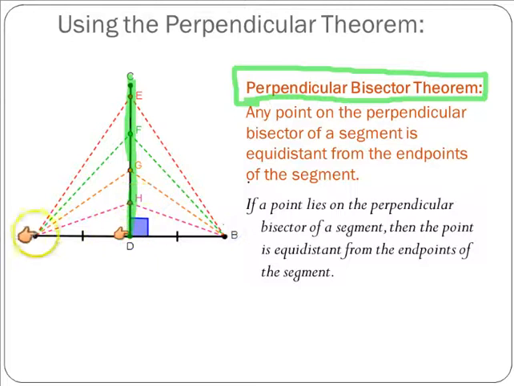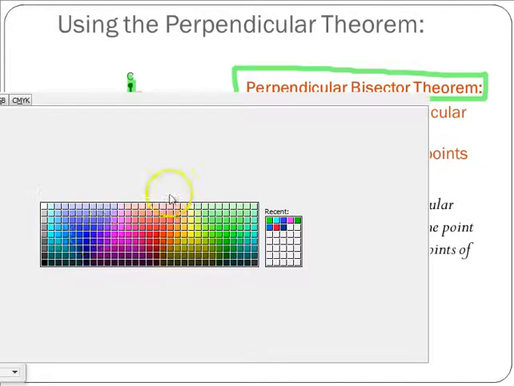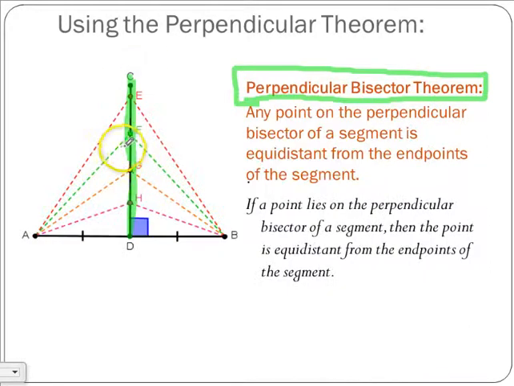So what is interesting is when you have a perpendicular bisector and it intersects a segment, if you were to draw a triangle out to any point, those legs would be the same. They would be congruent. So let me highlight and create a triangle, because really what you're focusing on this week is triangles. So let's draw this triangle here.